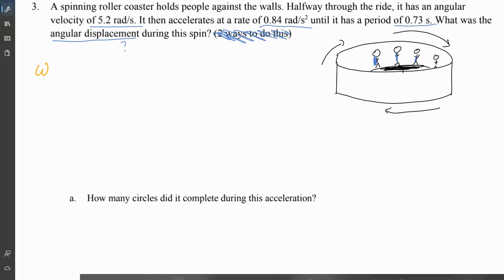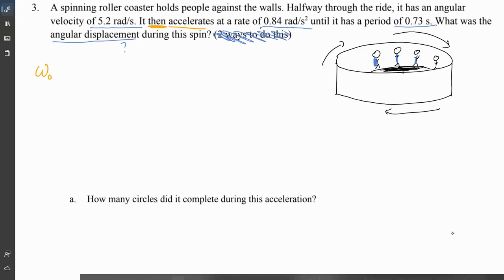If the interesting things happen after, then we'll look at it as initial. If they happen before, we'll look at it as final. Well, it's moving here and then accelerates, so this is before the interesting stuff happens. So omega initial will be this 5.2 radians per second.